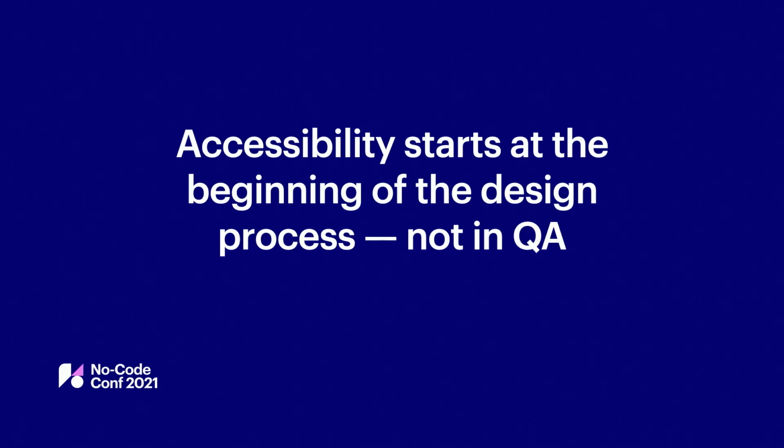The second challenge was that we were primarily using the checklist in the QA stage, which meant we weren't considering accessibility at the beginning of our design process where it matters most. We mostly evaluated accessibility once a page had already been designed and was almost fully built in Webflow. This made it difficult to make any major changes to the design of a page because of deadlines and because we weren't prioritizing it enough.